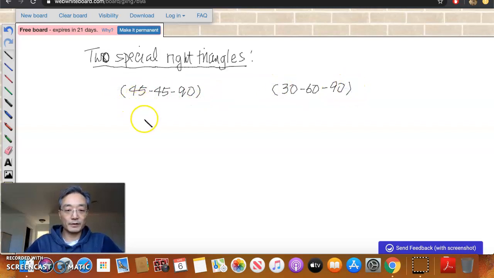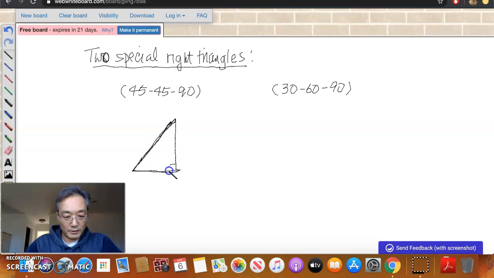So what is the 45, 45, 90 right triangle? Well, it looks like this, right? I'll try to do my best to draw it. Okay.